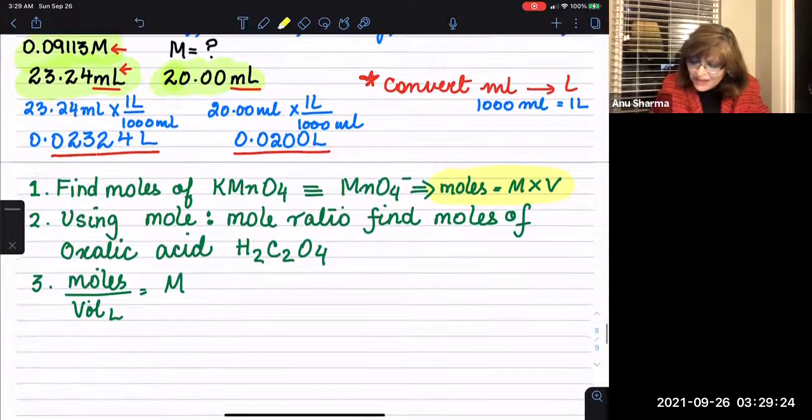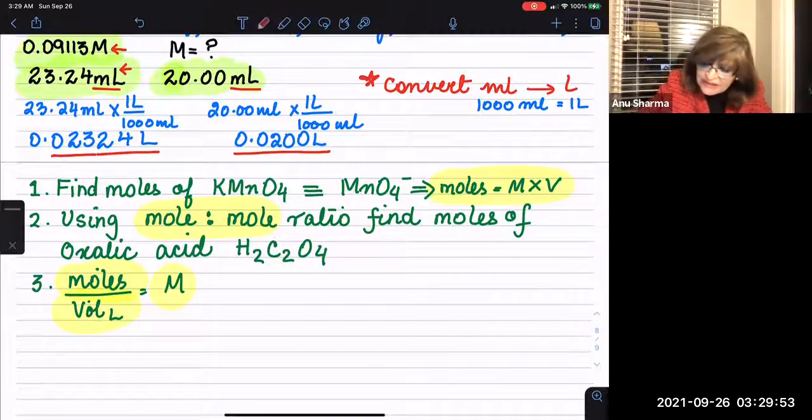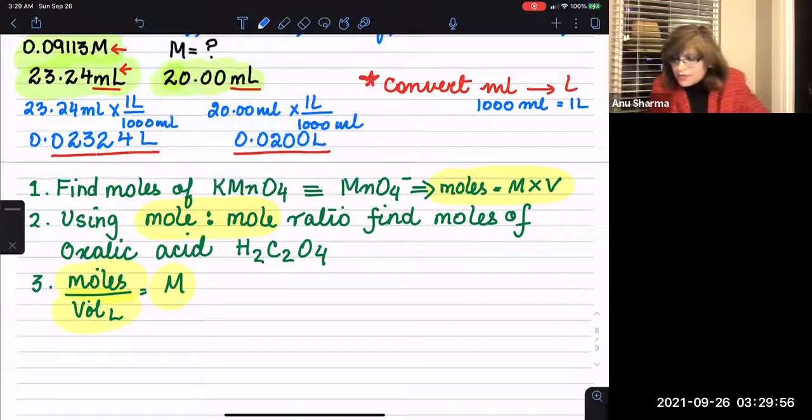Next, you get the moles of KMnO4 that neutralized the oxalic acid. Now you will have to use the mole to mole ratio. That mole to mole ratio comes from the balanced equation, okay? So how many moles of oxalic acid got neutralized by the moles of KMnO4. Once you get the moles of oxalic acid, you divide them by the volume, and that's going to give you the molarity. So these three steps we are going to now conduct here.